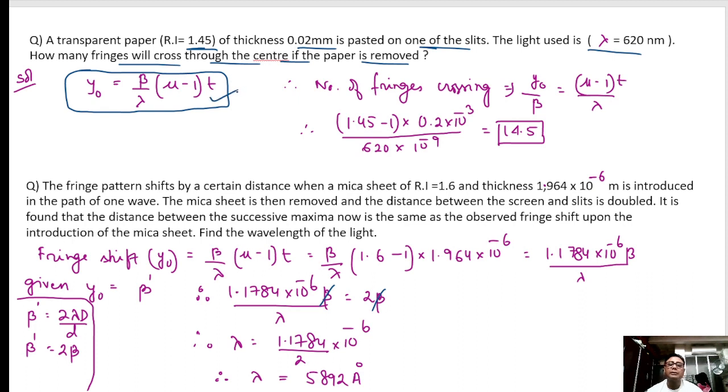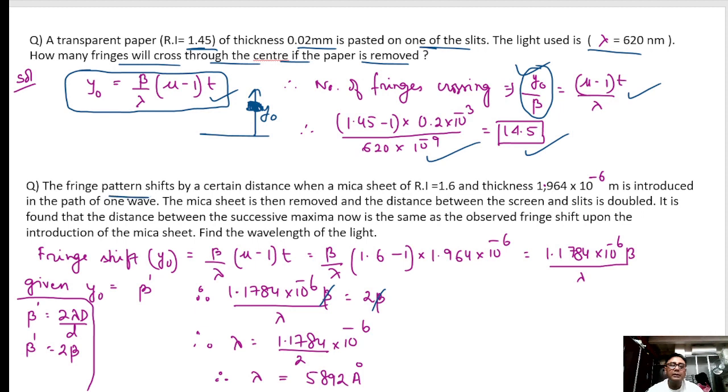Okay, it will shift by this. So the number of fringes which will fall under that distance will be this. So putting the values, we calculate it. That means it will shift by this much distance up or down. And if each fringe width is beta, how many such fringes will fall in that distance? The formula is this.